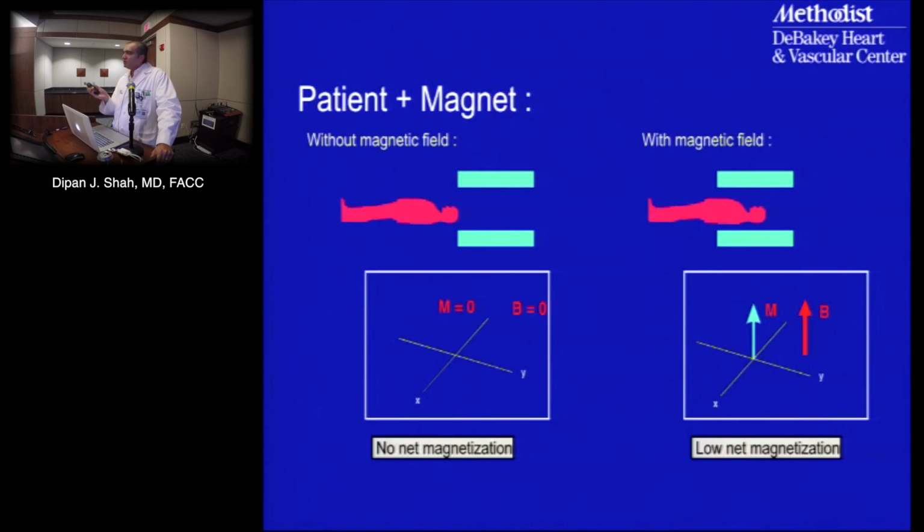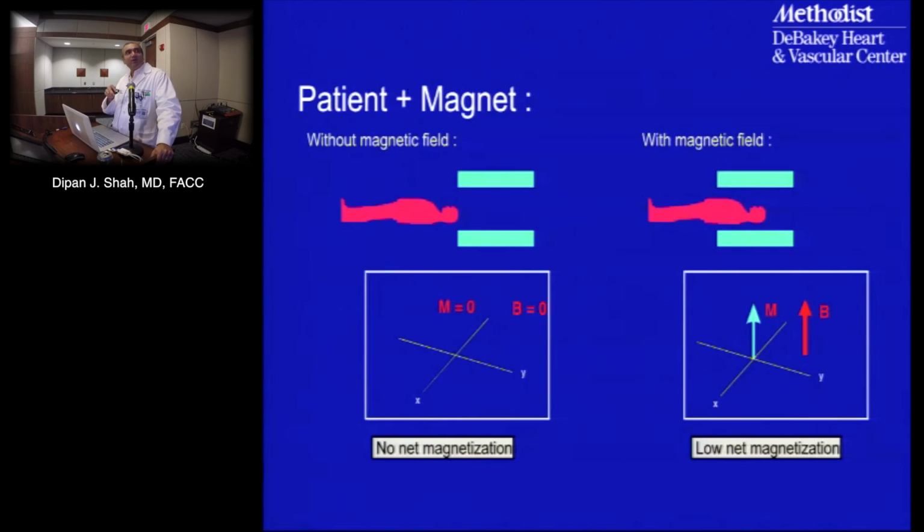So that's what a gradient's doing. If I'm at 1.5 Tesla, that means I'm at a frequency range of 64 megahertz, and if I cause a slightly higher gradient, meaning a slightly higher magnetic field here, then the protons at the head maybe are spinning at 64.002 megahertz.